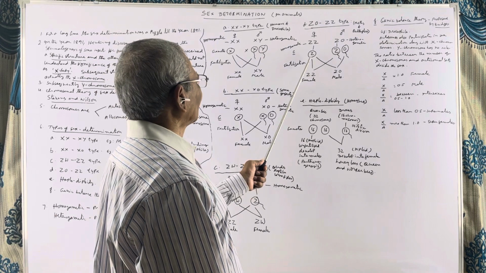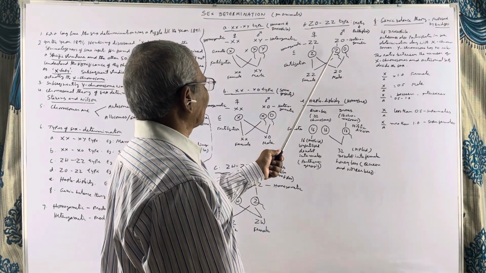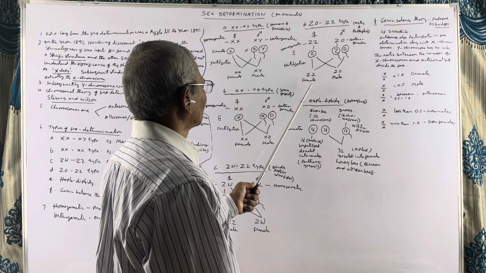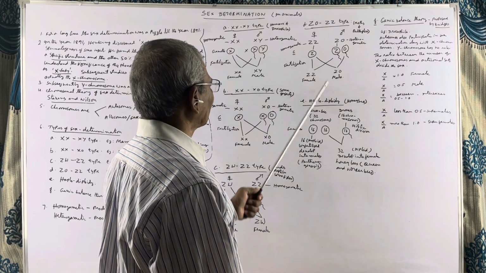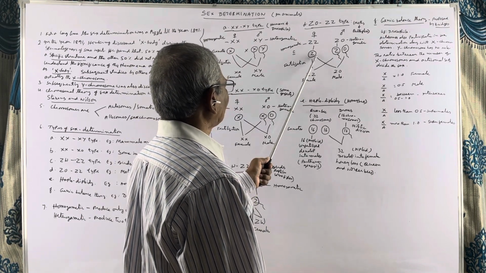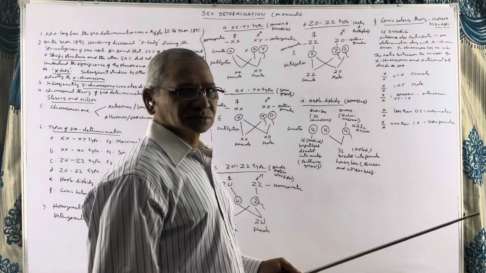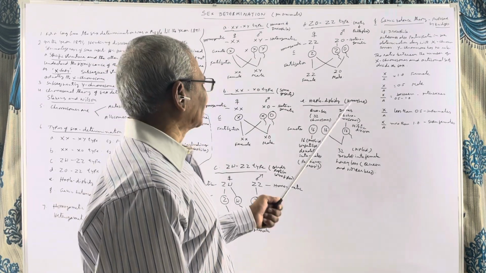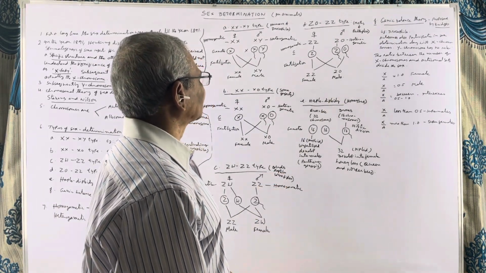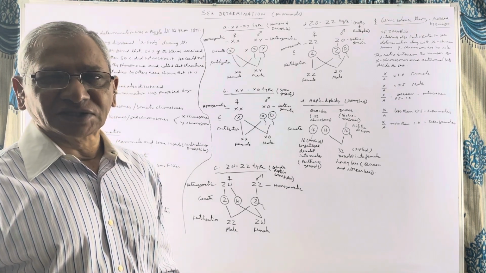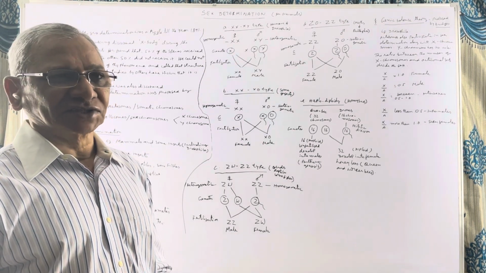Then, if this egg is fertilized by this sperm, we get a combination of ZZ chromosomes, and it develops into a female. If this egg is fertilized by this sperm, it receives only one sex chromosome, and it develops into a male. In this way, in moths and butterflies, ZO, ZZ type of sex determination is seen.